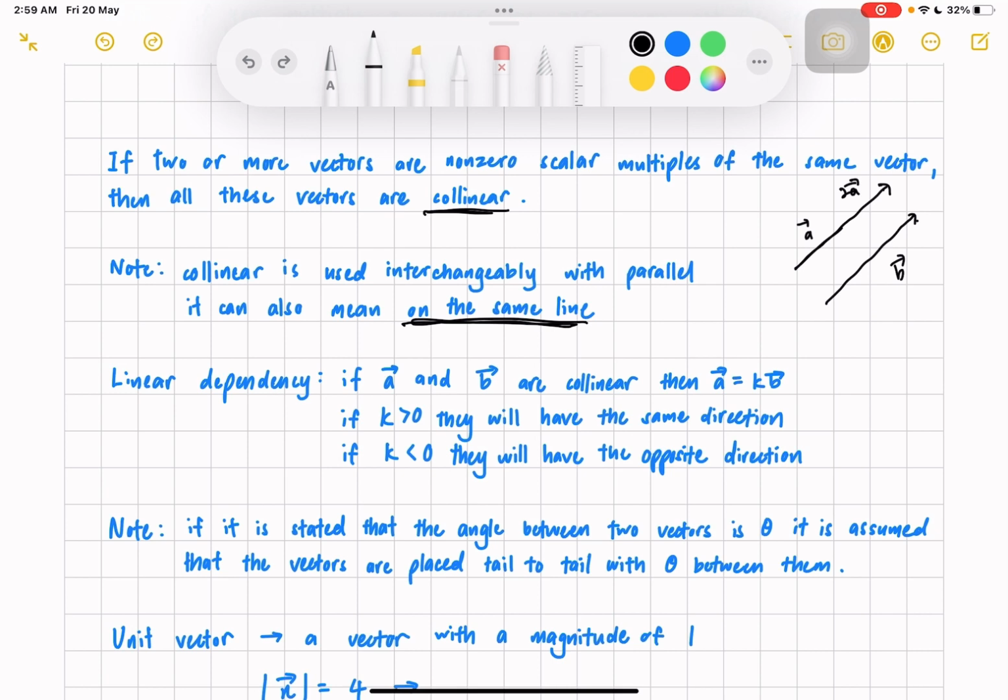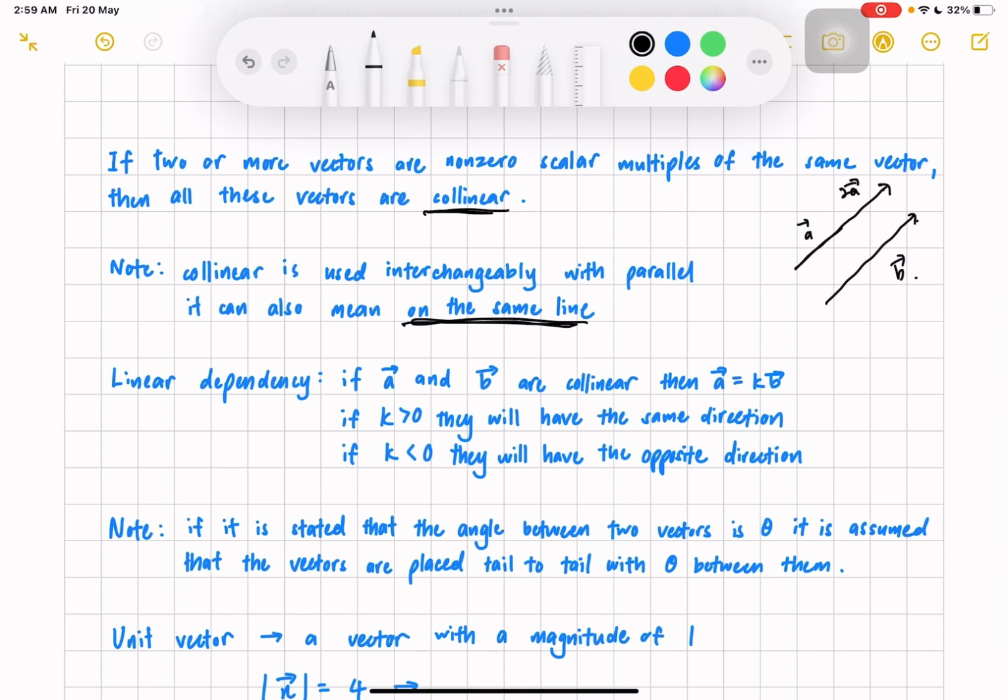Linear dependency. If vector A and vector B are collinear, then vector A equals K vector B. Now K, as we just learned, is a scalar multiple of a vector. So going back to our example here, we said vector B is vector 2A, right?